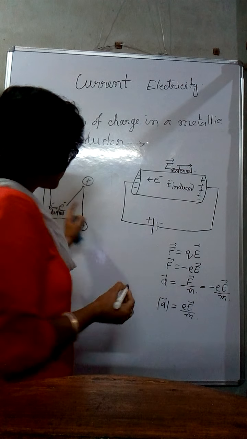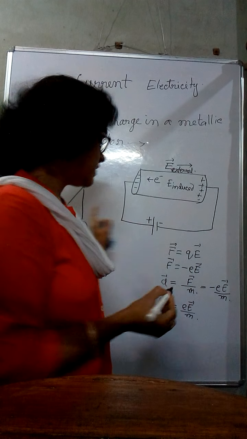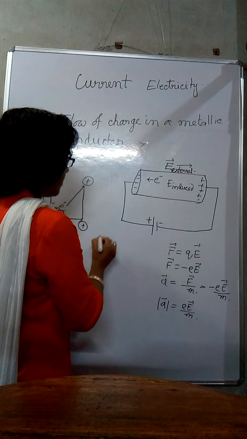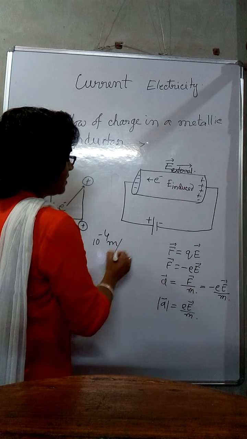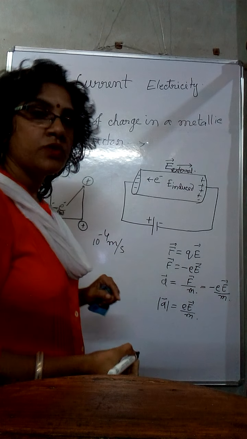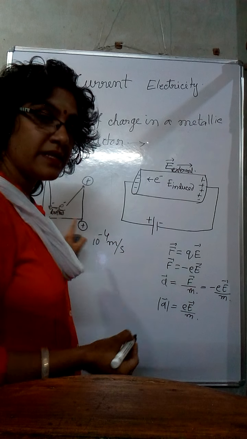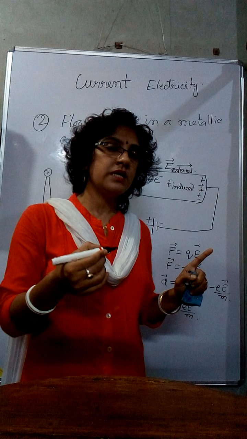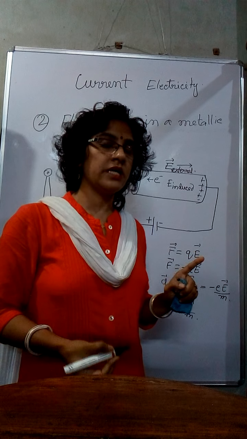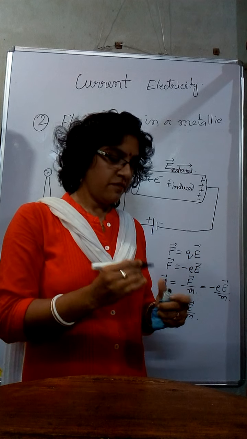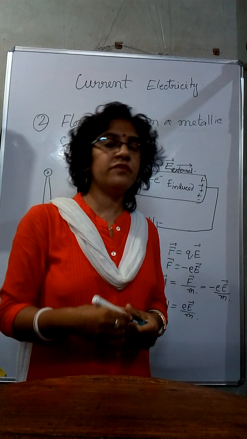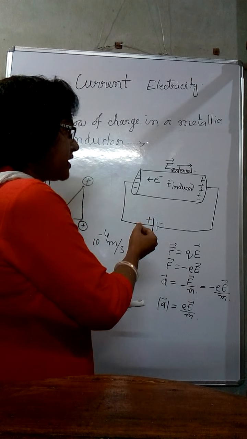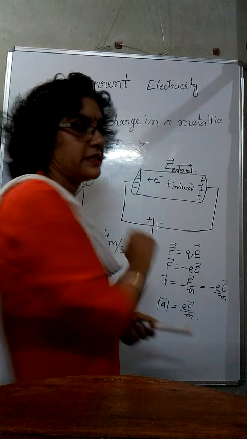Okay, so see, the velocity of the drifted motion will be 10 to the power minus 4 meter per second only. That is the point: drift velocity. With the drift velocity, actually, it can't move with the acceleration. With a very small velocity, known as drift velocity, the electrons are drifted just opposite to the electric field.